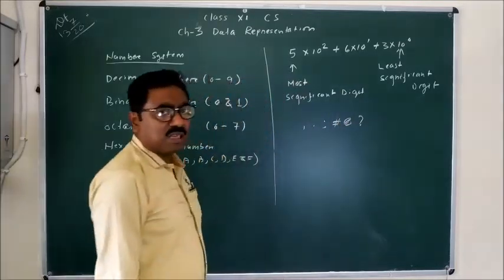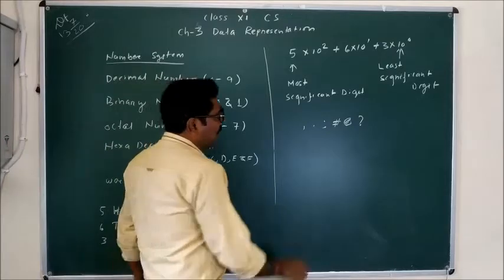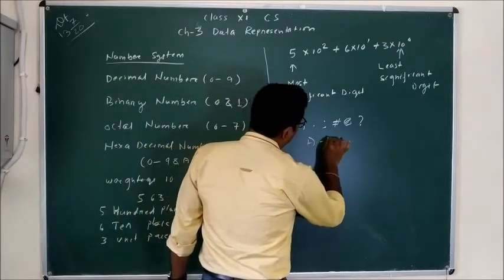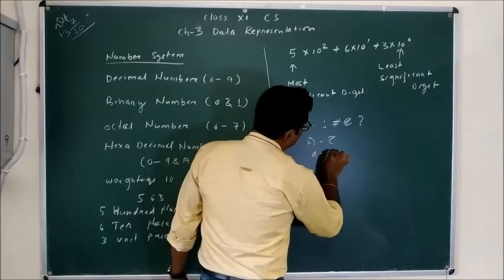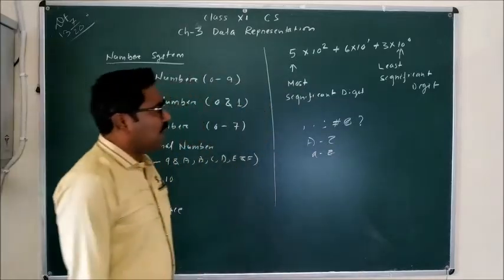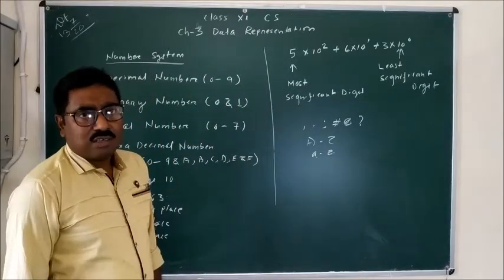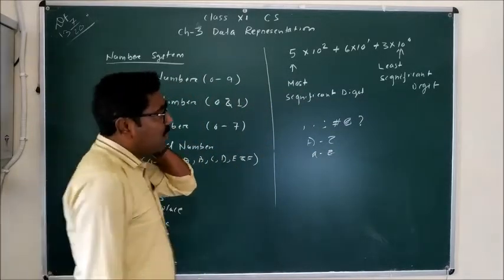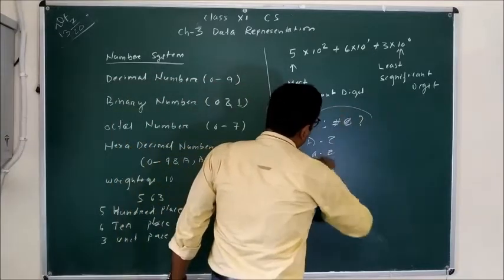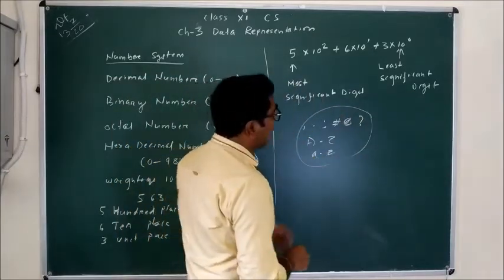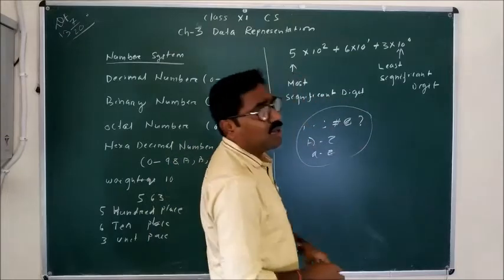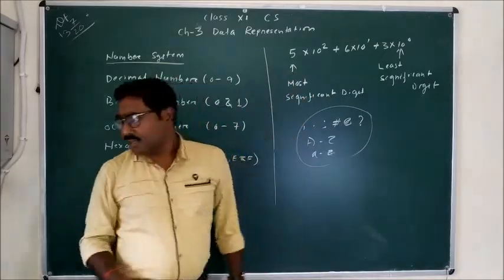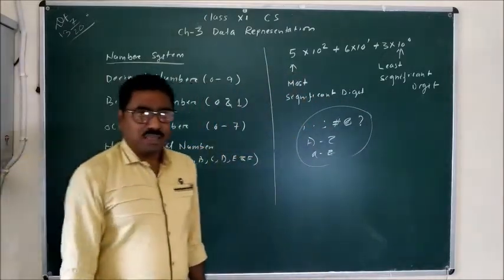These are some special symbols. Or any of the alphabet like A to Z, we can enter as data. But all these things are represented with zeros and ones. That is the concept of data representation.